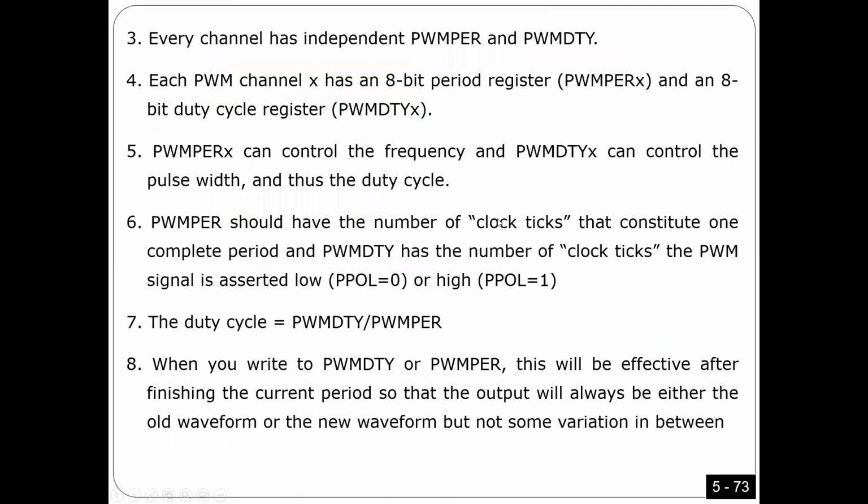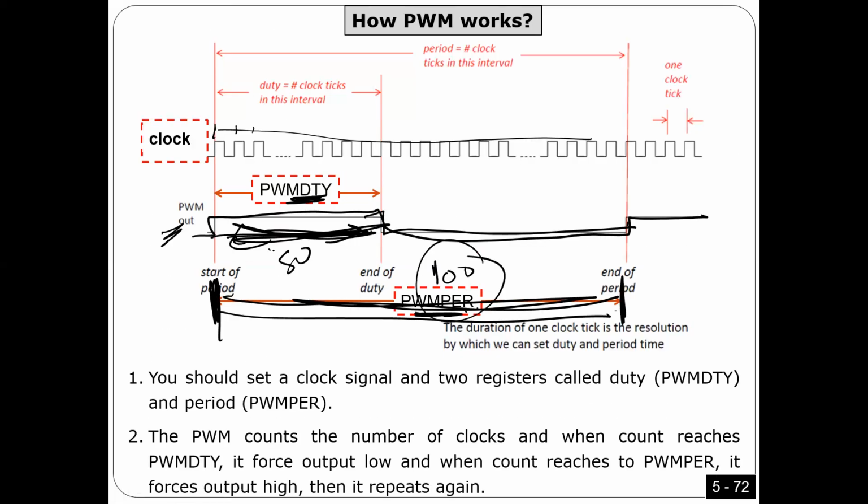That means if I make this one 100 and I put 30 here, now I have a 30% duty cycle. If I make it 70, I get a 70% duty cycle. That is why I'm saying it's easy to change the duty cycle and also easy to change the period, because you just have to manipulate this register and also this register.